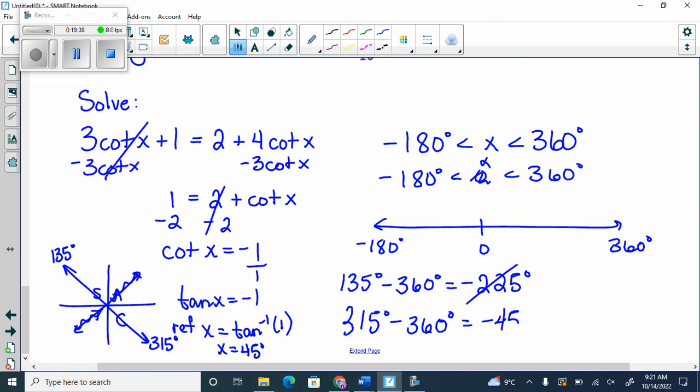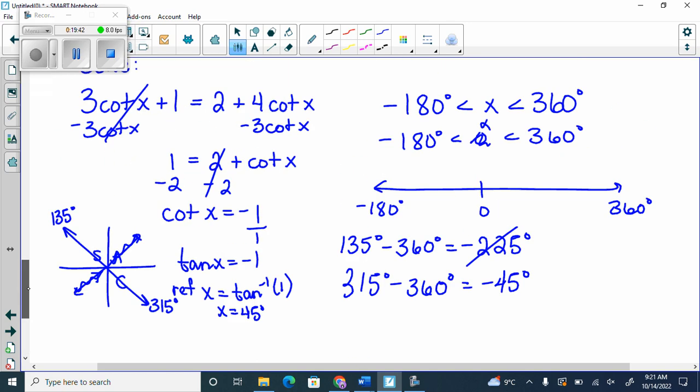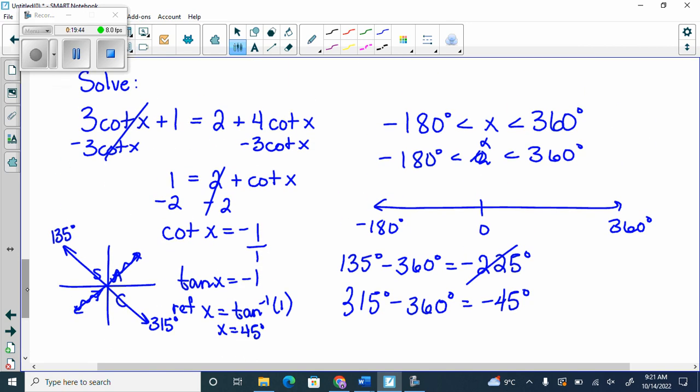Does that fit? Yep. So my solutions are not theta equals, because if I look up here, the variable is x, right? My solutions are x equals -45 degrees, 135 degrees, and 315 degrees.